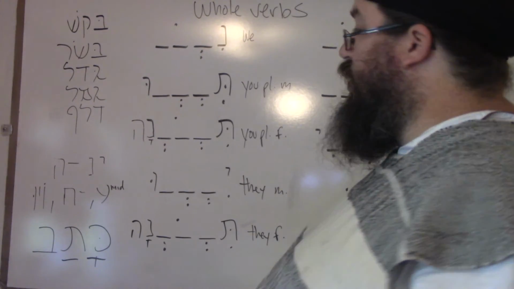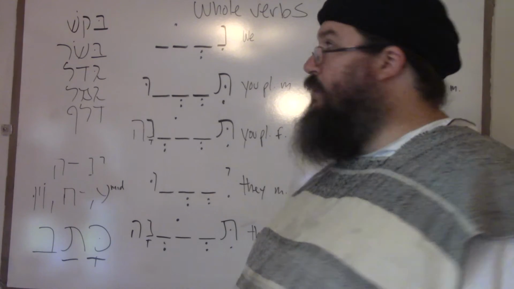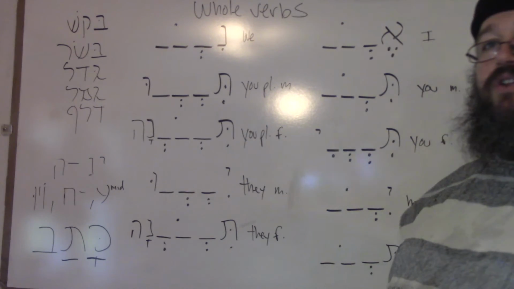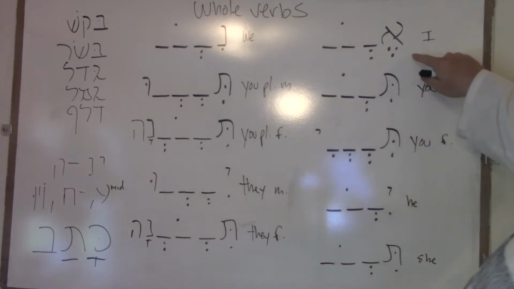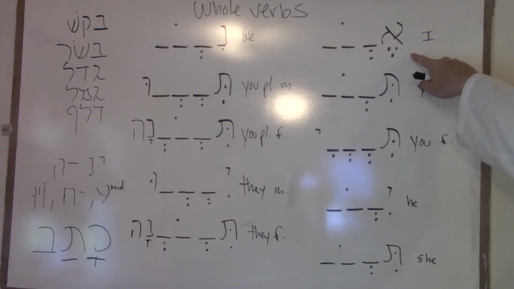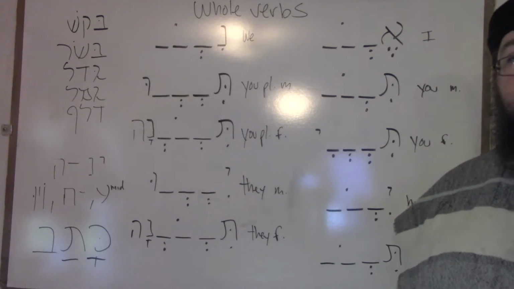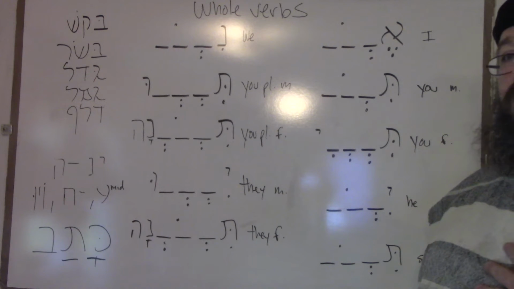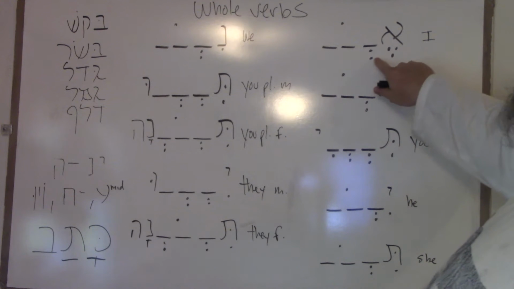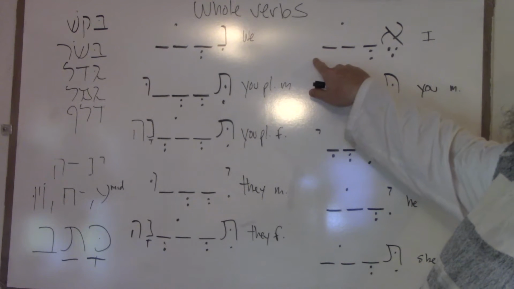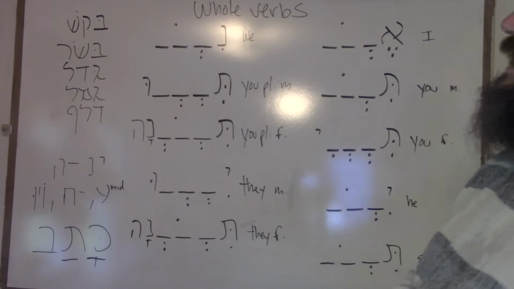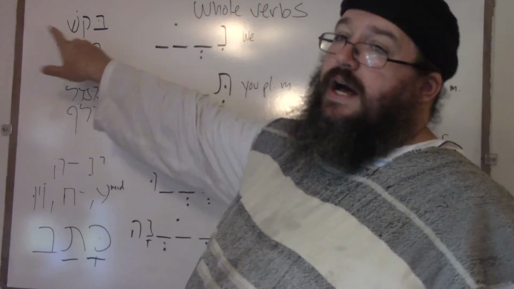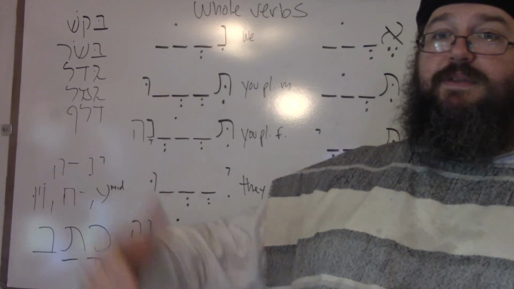So here we're going to take these roots and we're going to start putting them in the chart. Let's start learning our chart here first. First we have the I. The I is the aleph. Think of I when you think of ani. If you see the aleph in the front of the verb, think of ani, which is the word for I in Hebrew. Okay? So here we have the three root letters that are going to be placed in a position here. If I was to take, for example, bakash, bakash means to seek something out.